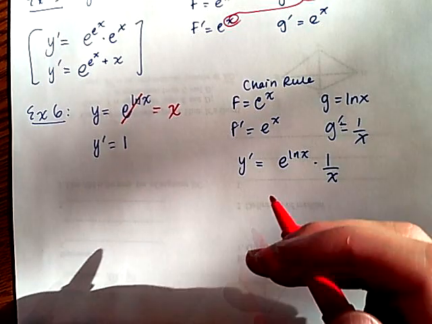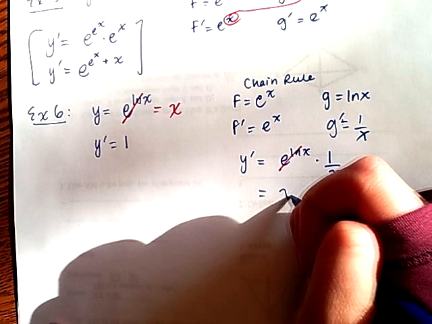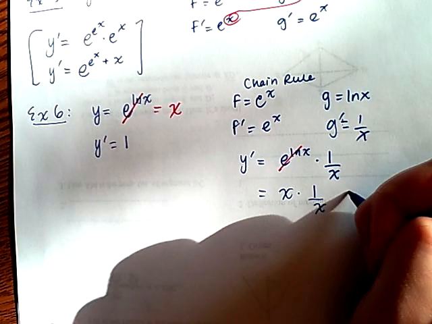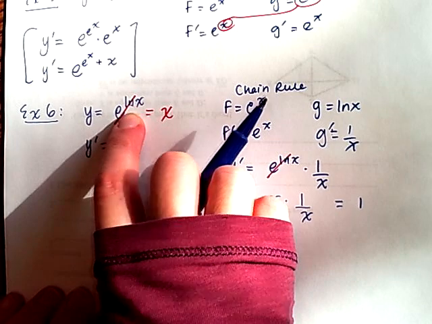And from there I could see my simplification, and this becomes just x times 1 over x, which is exactly 1.